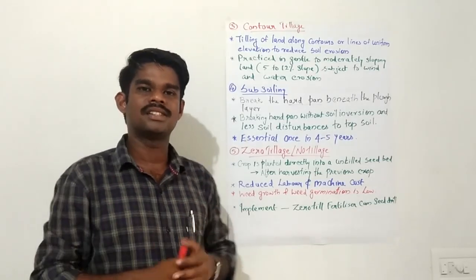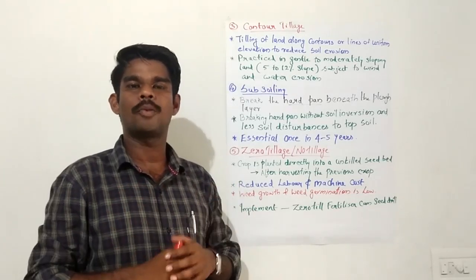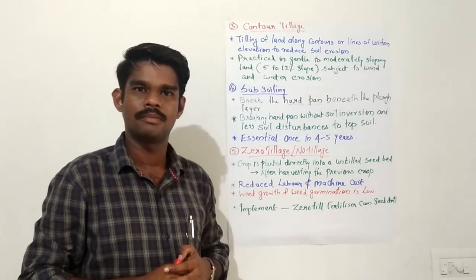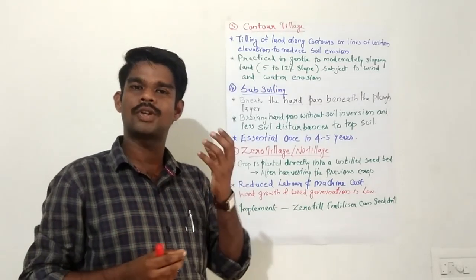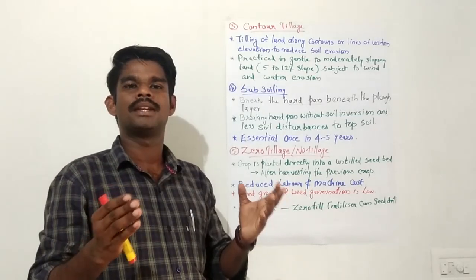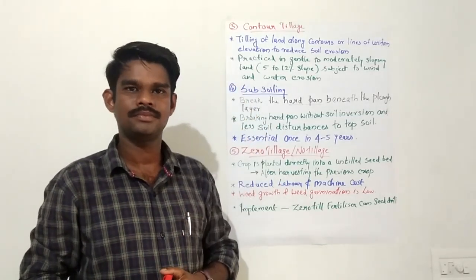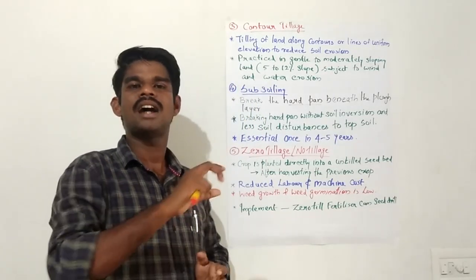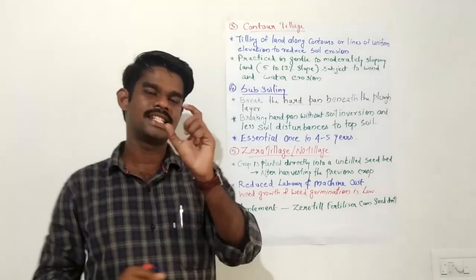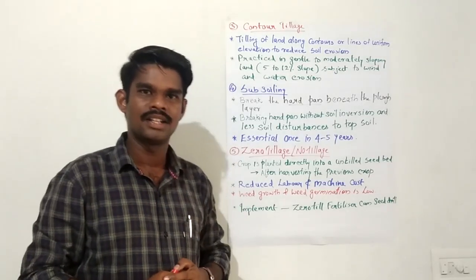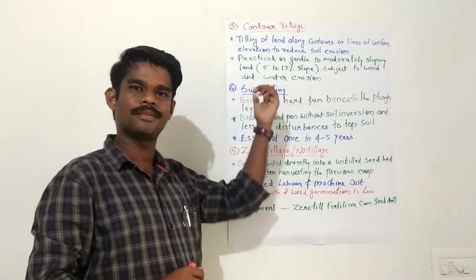As another result of that hard pan, the growth of the crop will be inhibited because the roots of the crops may not grow beyond a certain depth. So this hard pan is to be broken. The tillage operation done to break the hard pan is called subsoiling.